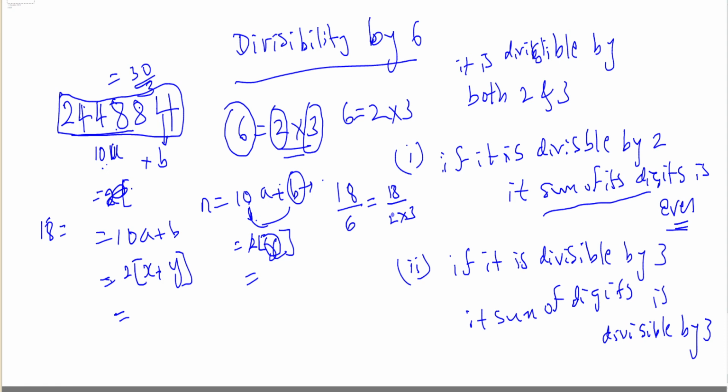Because 6 is equal to 2 into 3, these will divide the 18, therefore 6 will divide it. Otherwise 6 cannot divide the 18. Therefore you can say it is divisible by both 2 and 3. You can check the divisibility like this.